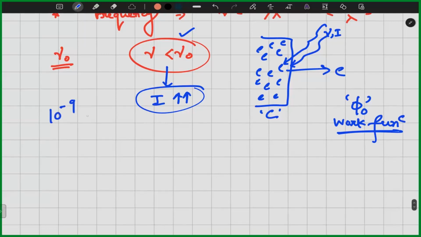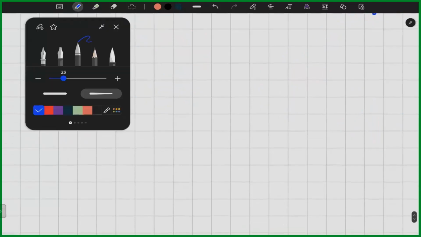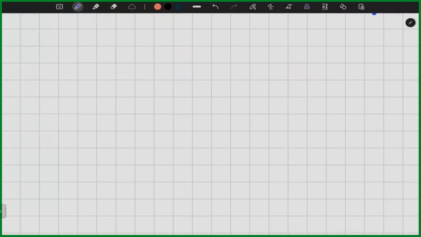It requires 10 to the power minus 9 seconds. It's a very fast process, not expected considering light as a wave. So these two are very important factors which were not explained by the classical wave theory of light.